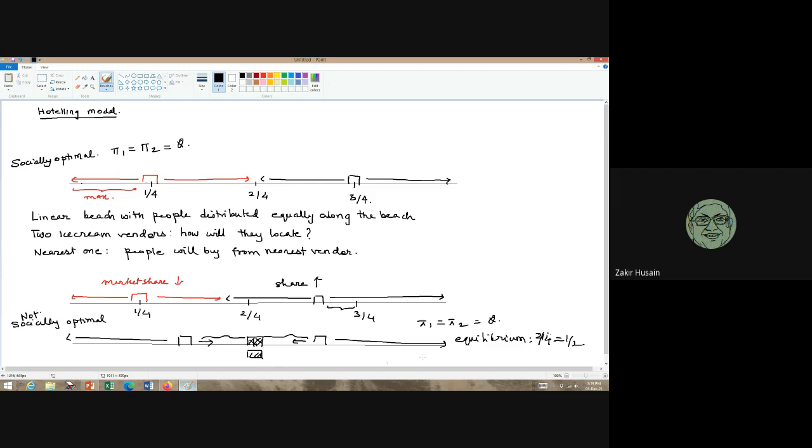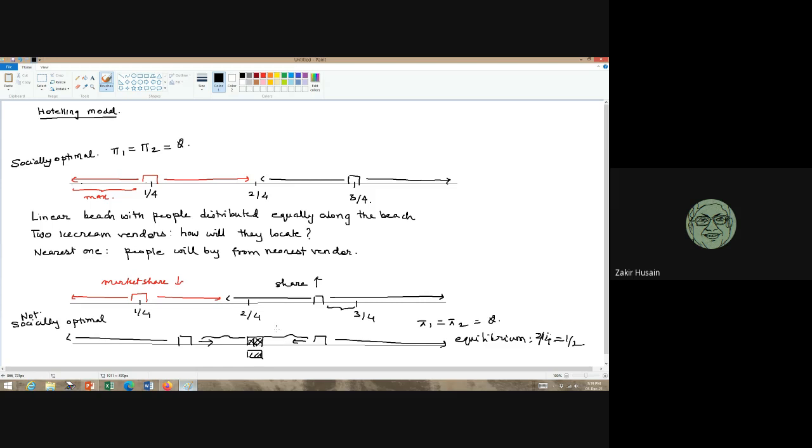In fact, what can happen is some of these people might feel that it's too far to go, so they might stop buying. So it is not only socially suboptimal, but in terms of private equilibrium, their profit also may go down.